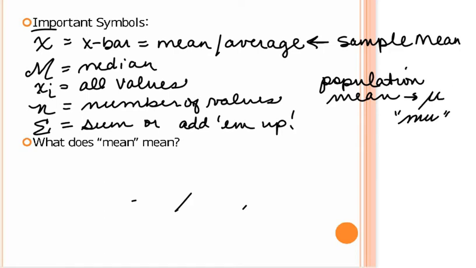All right, so what does mean mean? Right now in your head, what does the word mean actually mean? Well, Mrs. Barry, I don't know. Well, basically in common language, mean means the fair share value.